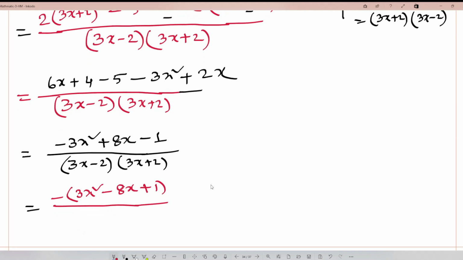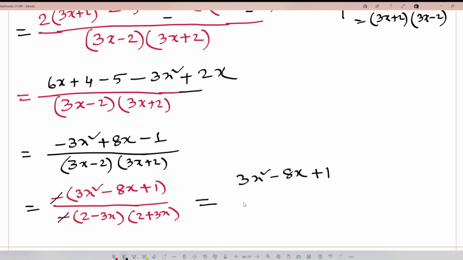And then here is 3x minus 2 and 3x plus 2, this one also we can take the common minus, so it will become 2 minus 3x, and similarly we can write this one as 2 plus 3x, and we can take out this minus, right. So our answer is 3x squared minus 8x plus 1 divided by (2 minus 3x) times (2 plus 3x).